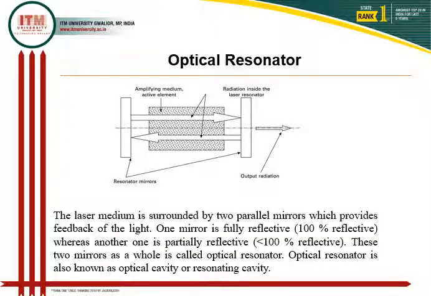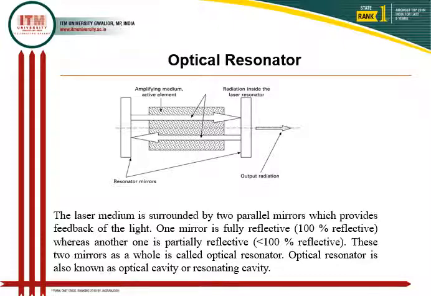The laser medium is surrounded by two parallel mirrors which provide feedback of light. One mirror is fully reflective and the other is partial. This is the third part, apart from the laser medium and pumping. This is used to amplify the system.